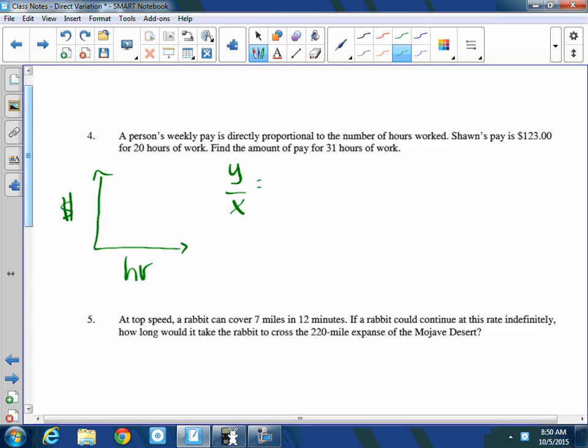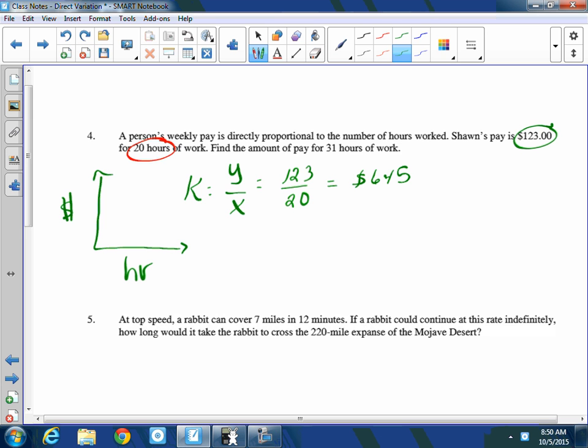Sean's pay is $123 for 20 hours. So let's divide: 123 divided by 20. That's my constant of proportionality, or my slope. 6.15. $6.15, because we're talking about money.